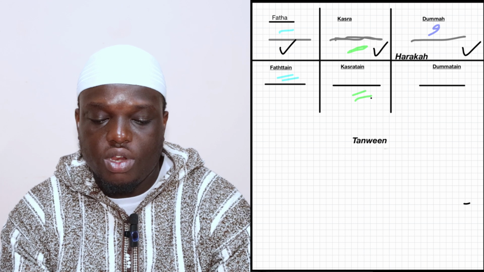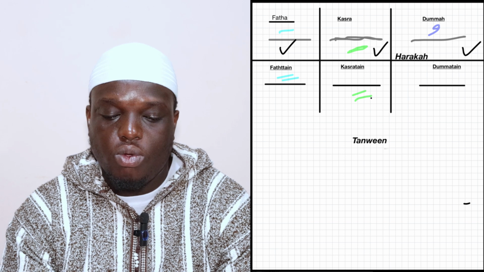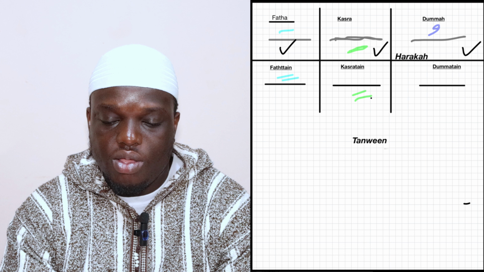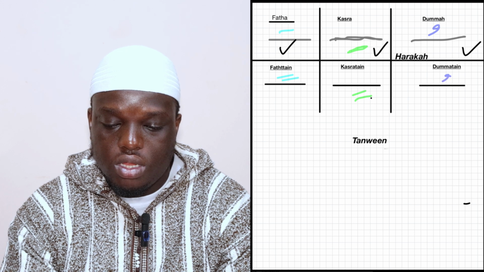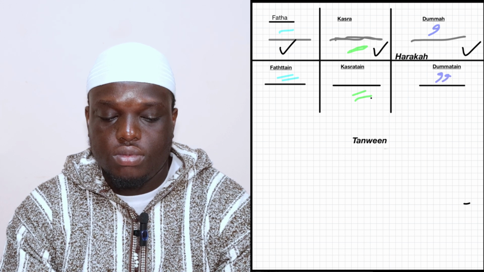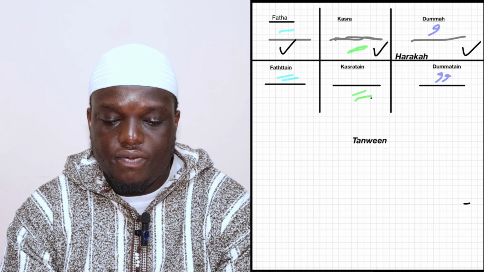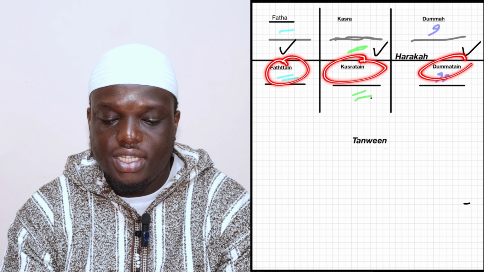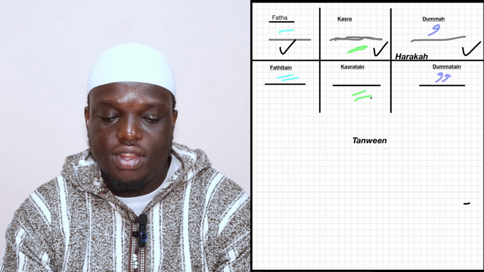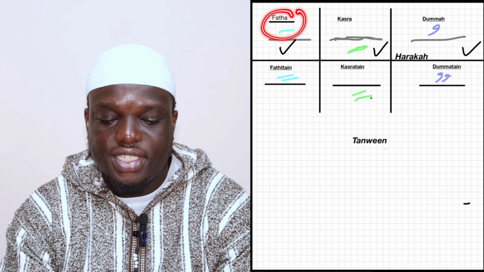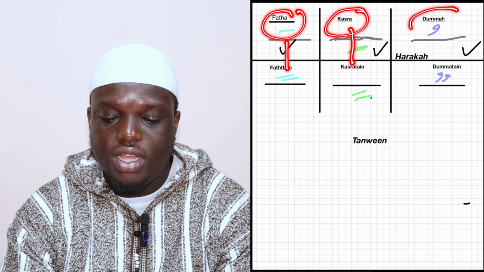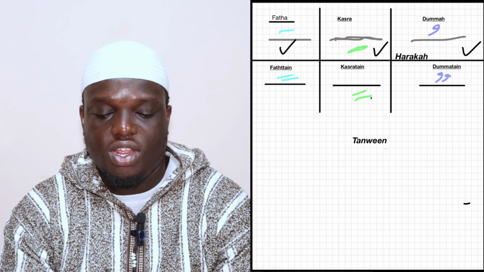Instead of one short line below, it will be doubled. Dhammatain will also be two. So we have fathatain, kasratain, dhammatain. Are we following?